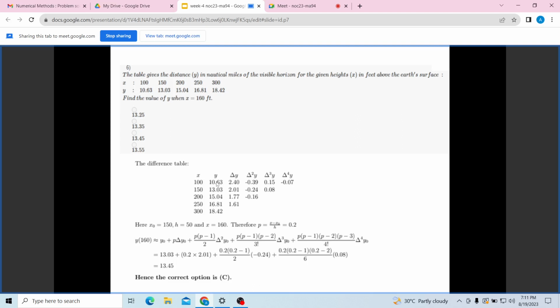For forward difference interpolation we take the values from the first row. Fine. And the p value is also here, that is 0.2. So you have all the values, just substitute them, then you'll get 13.45.